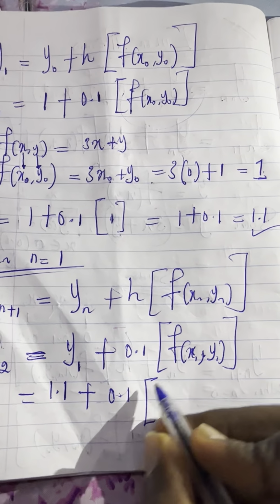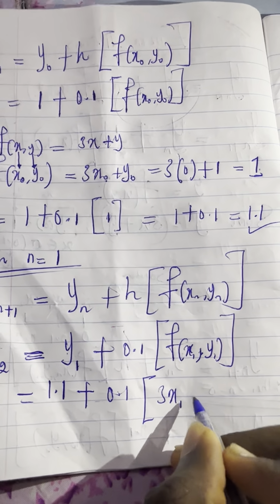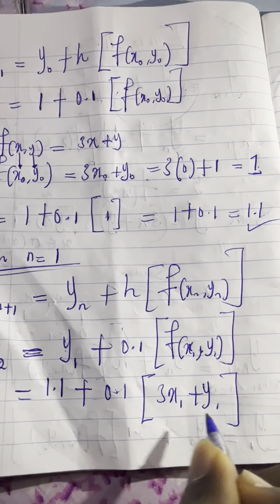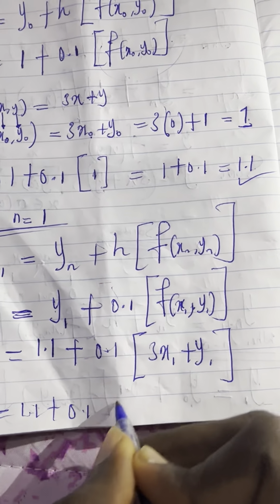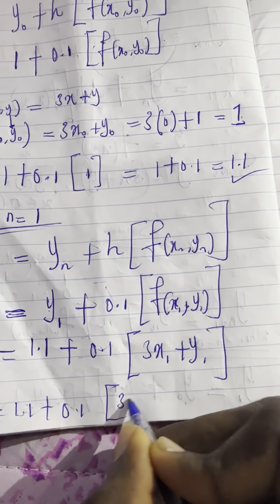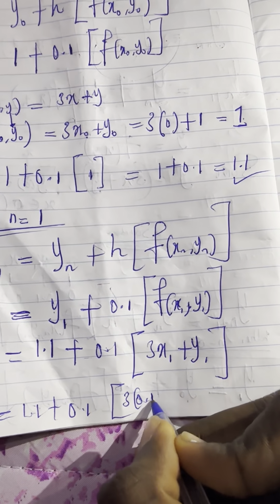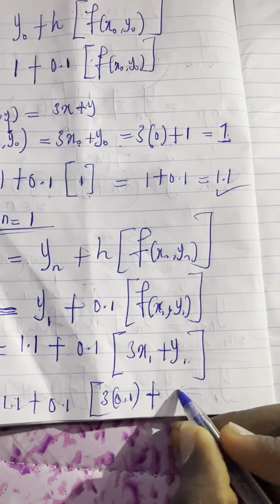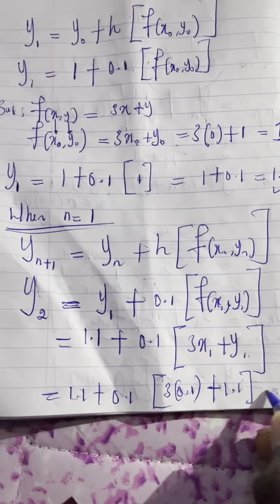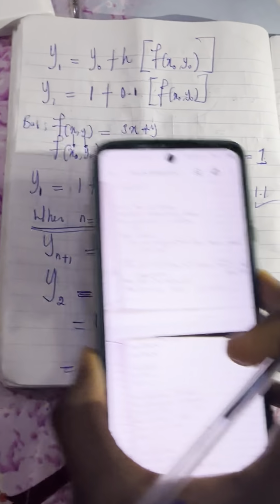F of x1, y1 is 3x1 plus y1. Do you agree? So that's 3 times 0.1, while my y1 remains 1.1. Punch this into the calculator straight up.